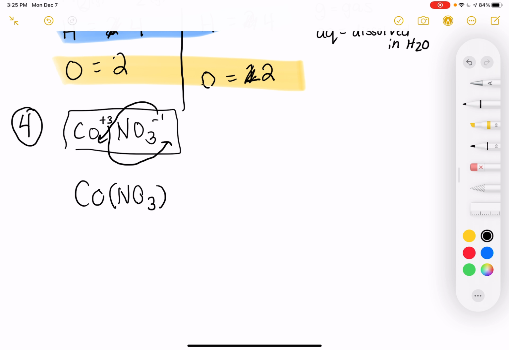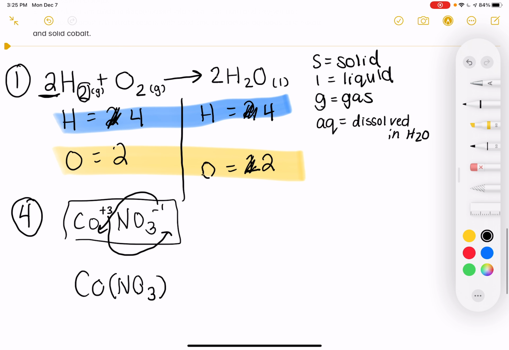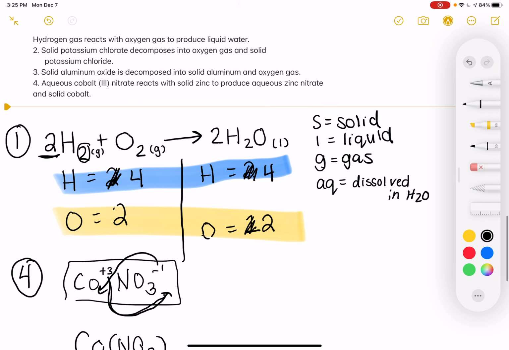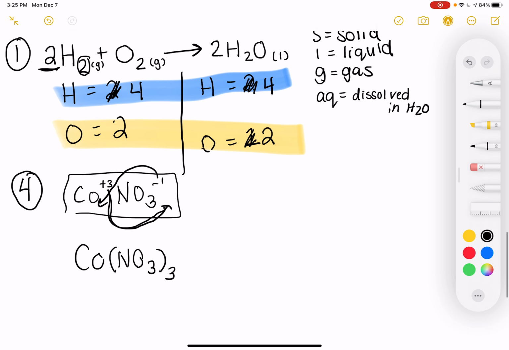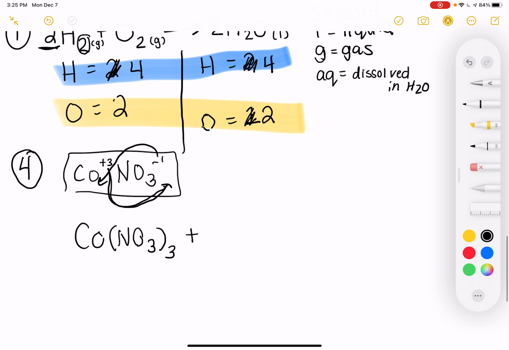Co and NO3, and then because there's a 3 that's coming down here, this would be 3. All right, so that's cobalt-3 nitrate reacts with solid zinc. If you look on the periodic table, zinc is Zn.